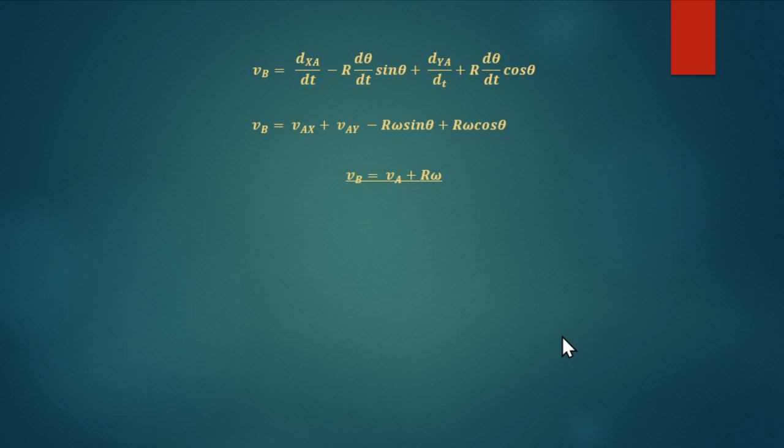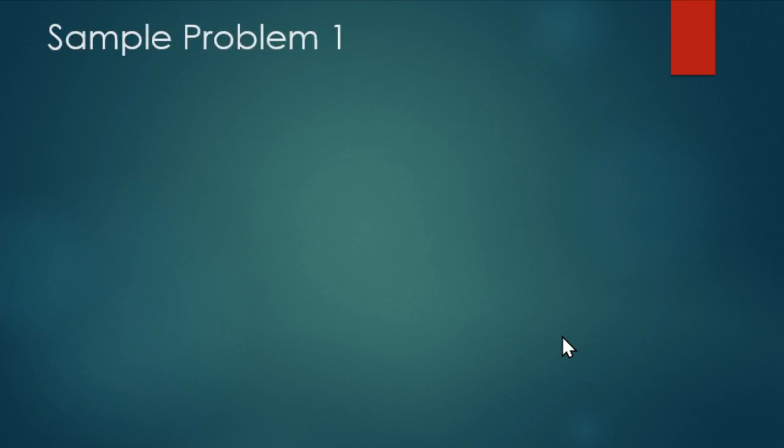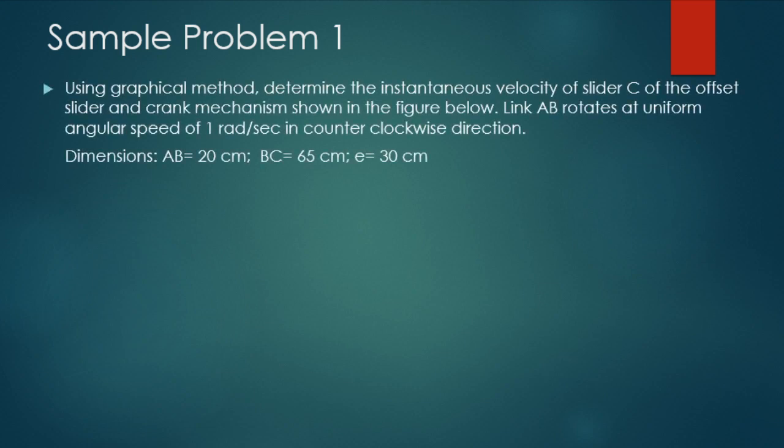So let us have an example. Example problem 1. Using graphical method, determine the instantaneous velocity of slider C of the offset slider-crank mechanism shown in the figure below.